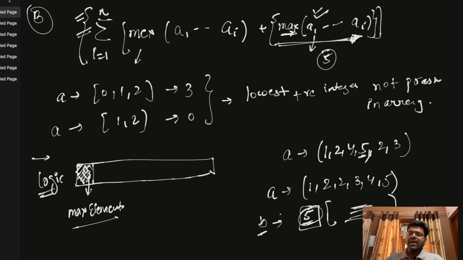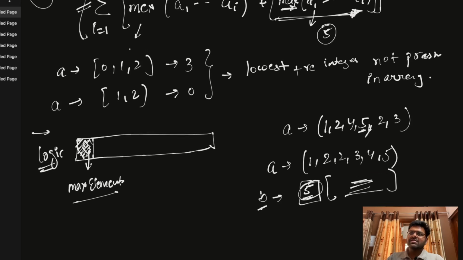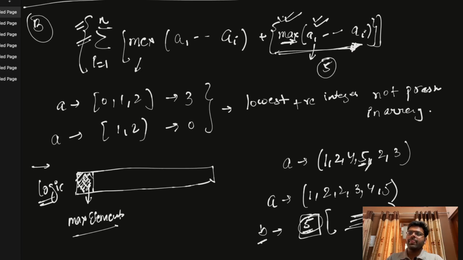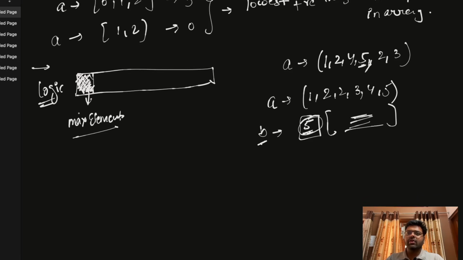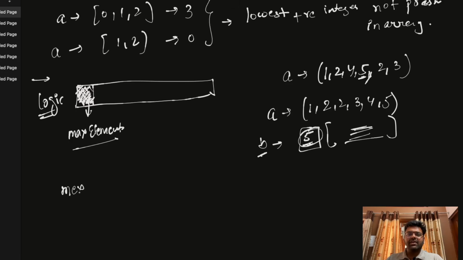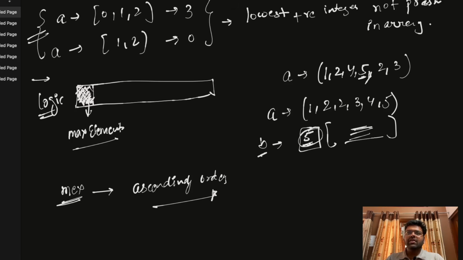So we know that to maximize this value, I need to put the max element at the front position of the array. Now the question arises: how do we find the rest? We can think that I need to do some kind of ascending order, then only I can find the lowest positive integer which is missing.